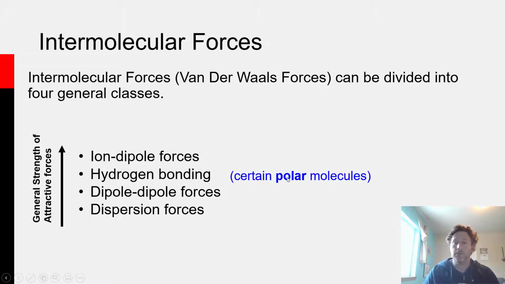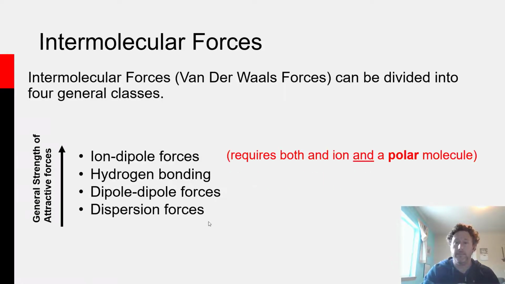Certain polar molecules that are very polar, or another way of looking at it, that have a specific structural motif as part of their molecular geometry, can also hydrogen bond. So certain polar molecules can hydrogen bond. But if you can hydrogen bond, by definition, you can also interact through dipole-dipole forces and dispersion forces. So the more polar a molecule, the more of these three key intermolecular forces you can lay claim to.